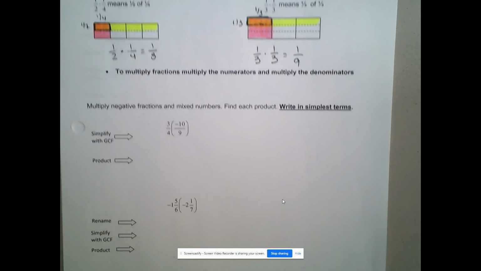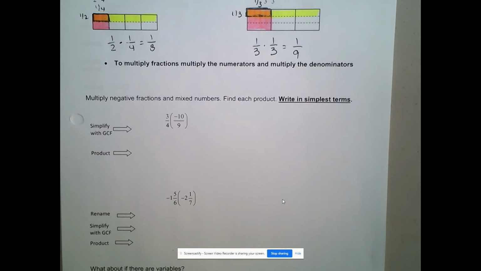So we're going to look at multiplying negative fractions and mixed numbers. So let's start with just the fractions. 3/4 times -10/9. Now, you've probably seen before that you can simplify an answer, but we're also going to look at how you can simplify the problem or the work before you get to the answer.